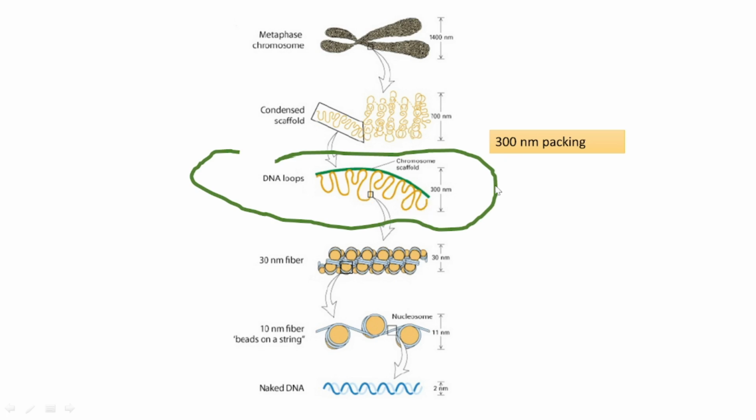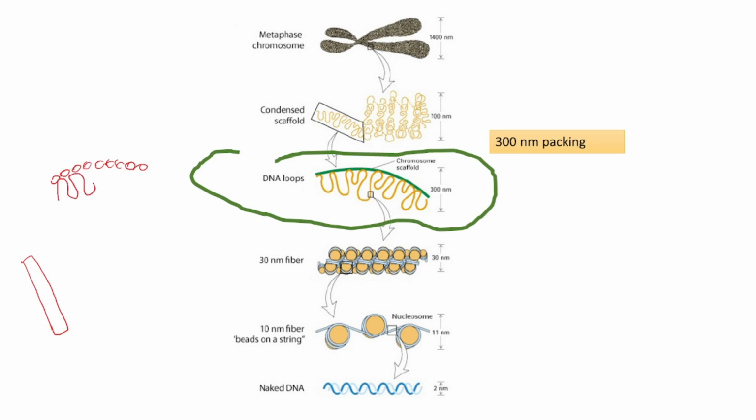And in that way, its width gets increased. How much does it increase? From 30 nanometer width, it becomes 300 nanometer. I will take it here once more. Some proteins assemble and form a backbone, a skeletal framework, and by taking advantage of that framework, the 30 nanometer fiber, suppose this is the 30 nanometer fiber, undergoes further looping.